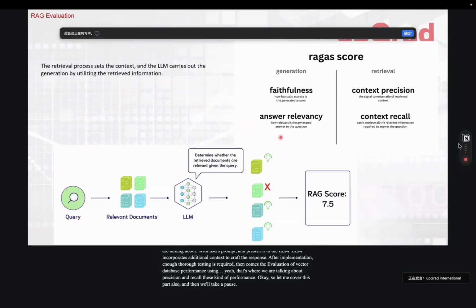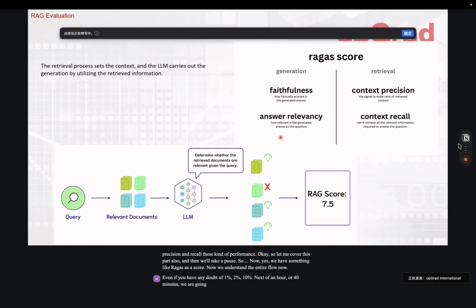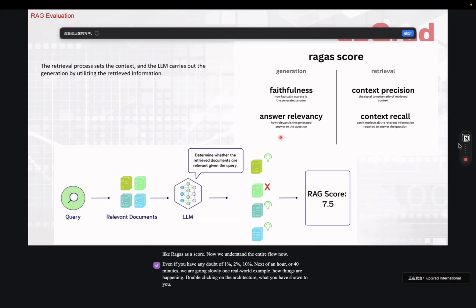Now, yes, we have something like the RAGAS score. Now we understand the entire flow. Even if you have any doubt of 1%, 2%, 10%, in the next half an hour or 40 minutes we are going slowly through one real-world example, how things are happening, double-clicking on the architecture I have shown you. But before that, let's understand what we talked about in between.